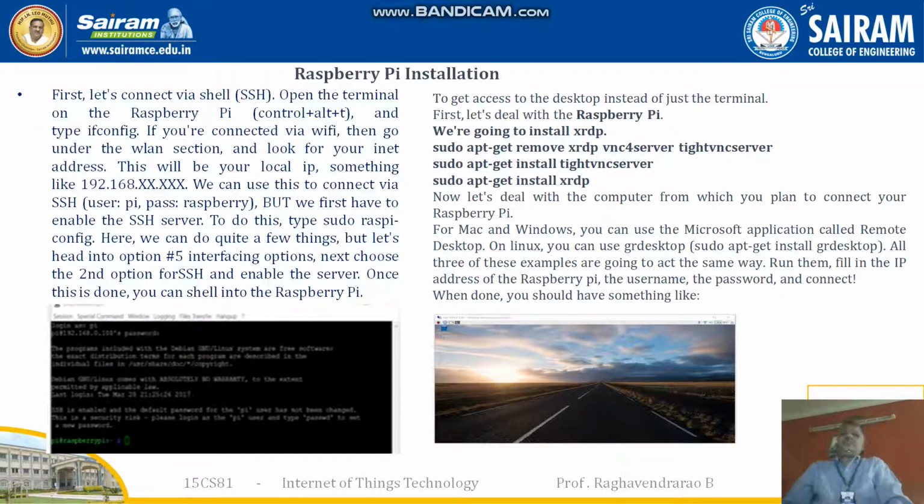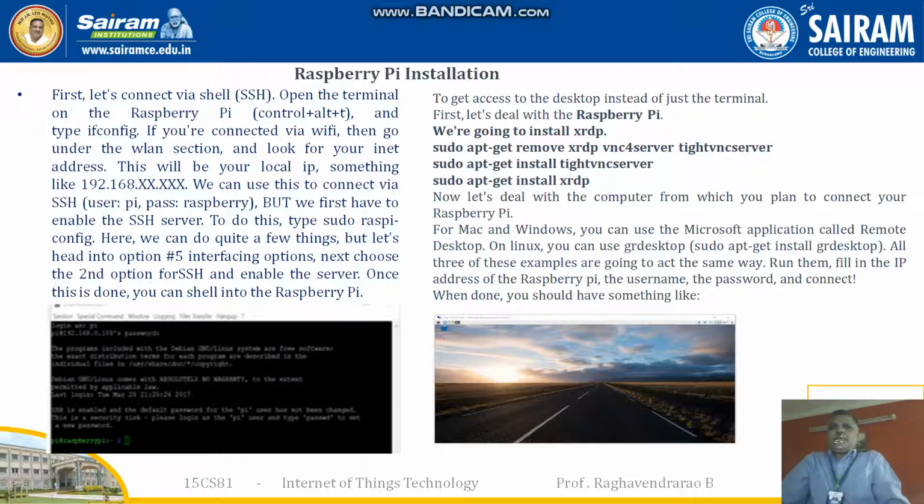Now let us see how this Raspberry Pi is going to get installed in the system. Let us first go with the connection with the shell. Here the Linux operating system is going to be used. Open the terminal on the Raspberry Pi by using Ctrl-Alt-T and type ifconfig. If you are connecting through Wi-Fi, then go under the WLAN section and look for your internet address.